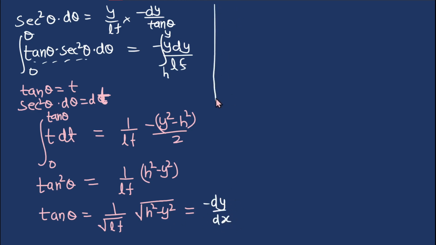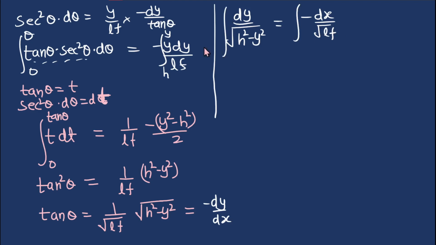So from here, y term can be taken towards one side. So dy by under root of h square minus y square will be equal to minus of dx by root of LF. And again we can integrate, right?